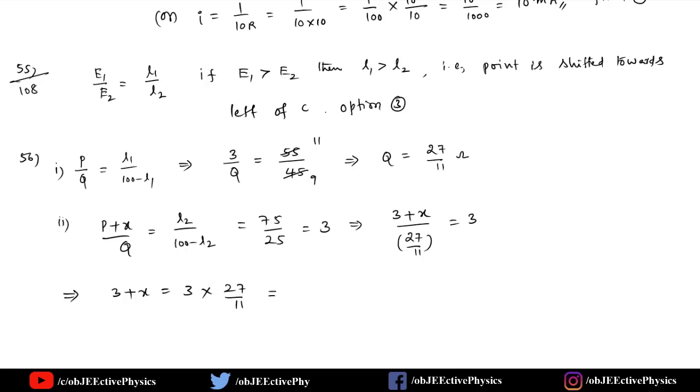So 3 7s are 21, 3 2s are 6, 8, that is 81 by 11, or X is equal to 81 by 11 minus 3, that is equal to (81 minus 33) divided by 11.